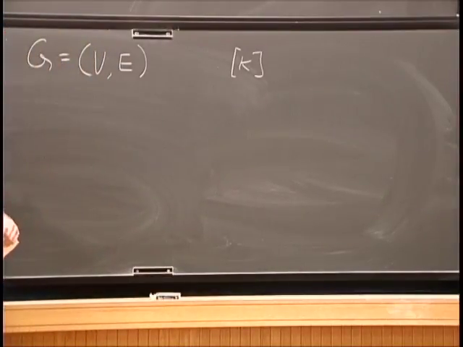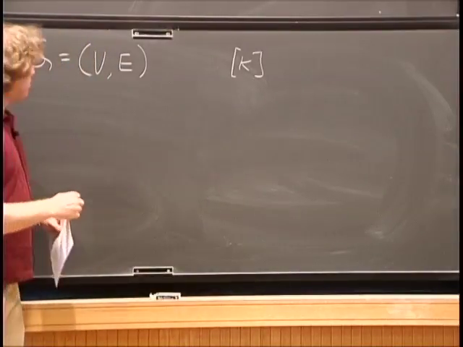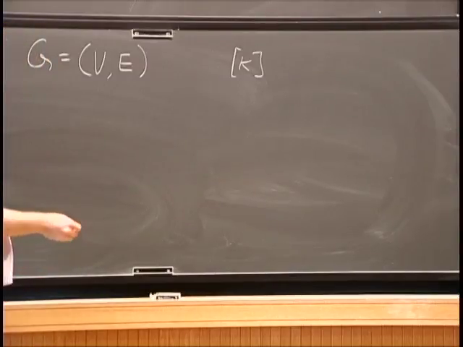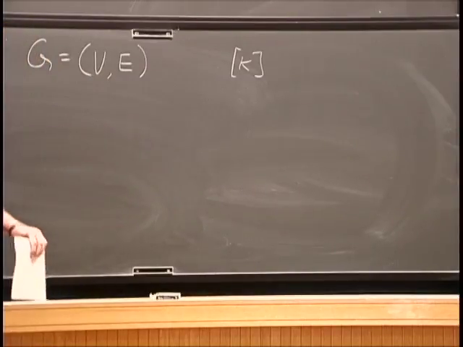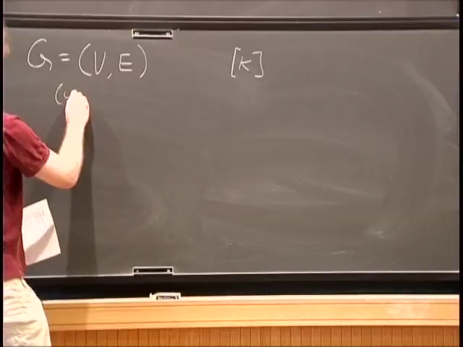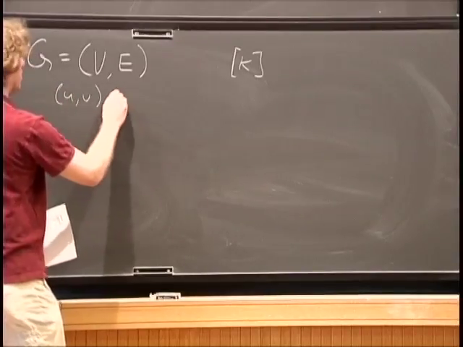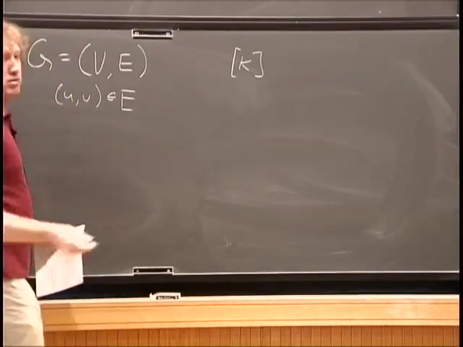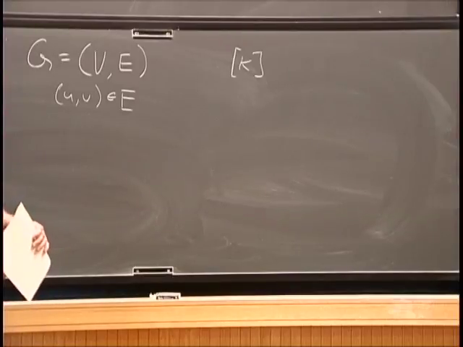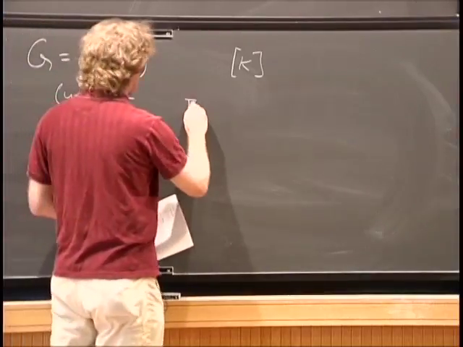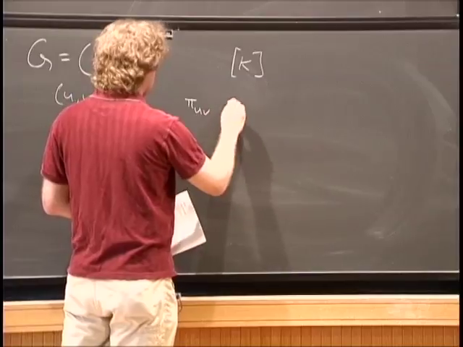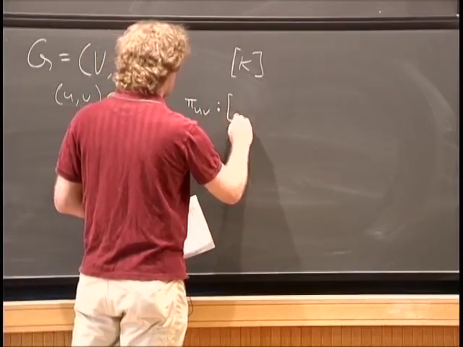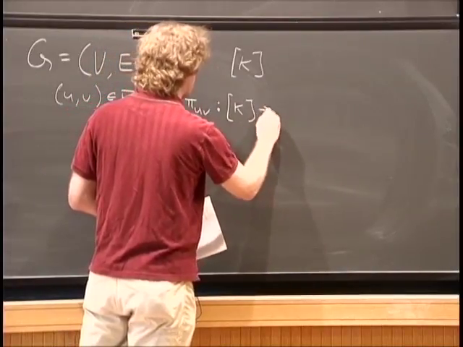It doesn't really matter what they are. Associated with each edge of the graph, so for an edge uv, we have a permutation associated with it. We'll call the permutation pi uv, and it's over the set of labels.